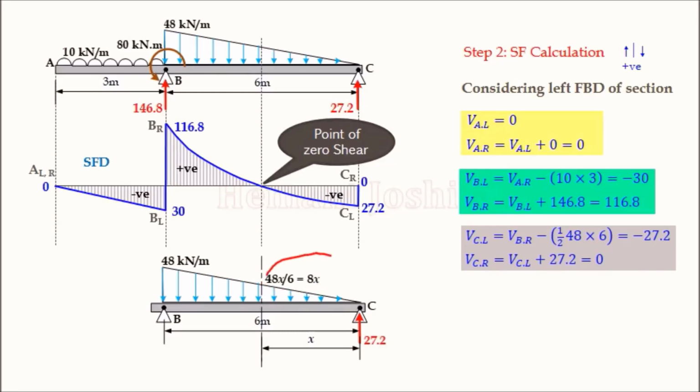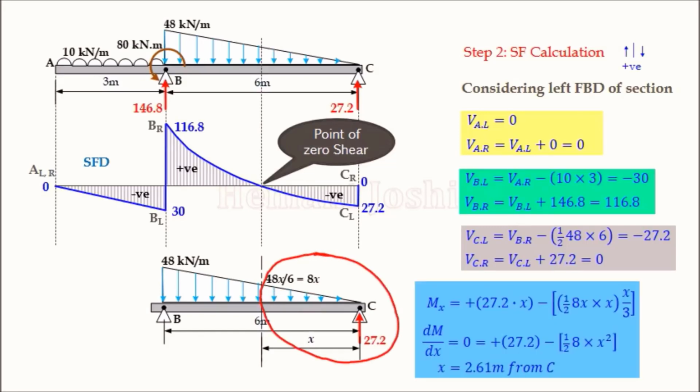Now consider this portion and let us write the moment equation. Taking moment of all forces about the section line, the force is 27.2 and the distance is X. As it is bending moment, we should use sagging and hogging. Observe that this moment is like this, so it is called out or sagging. So 27.2 into X is the positive moment of this force.